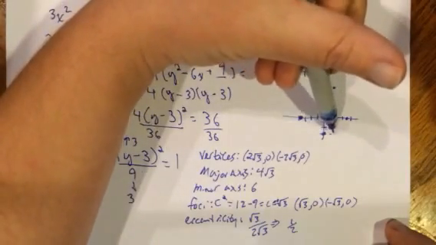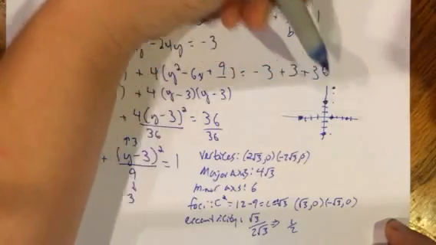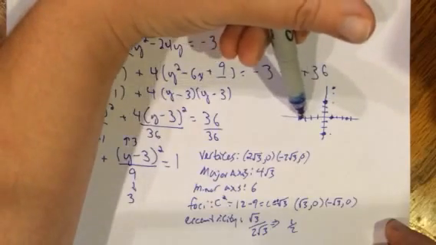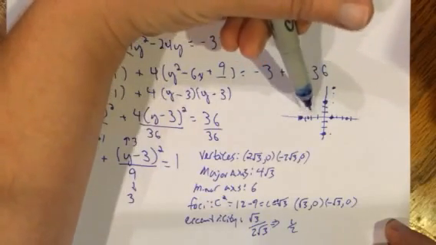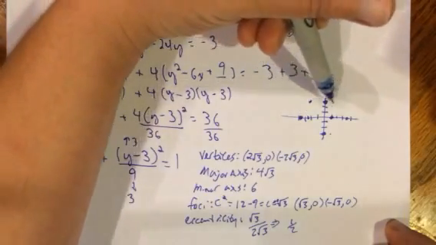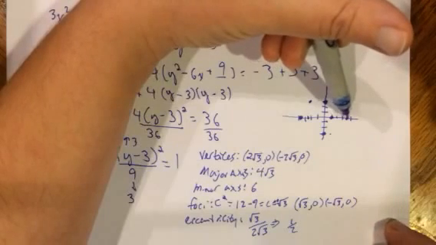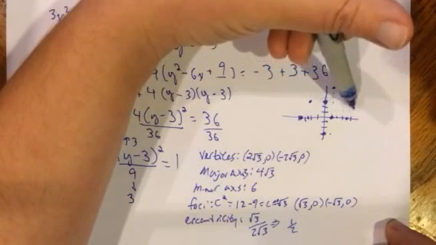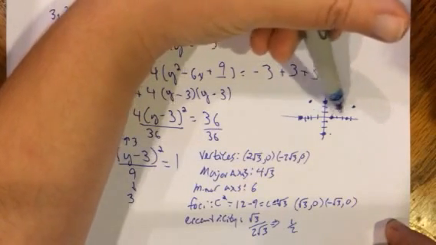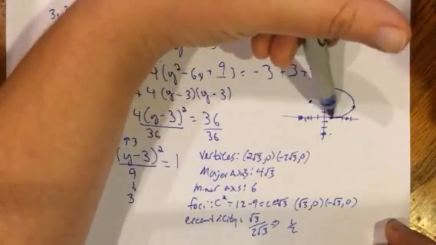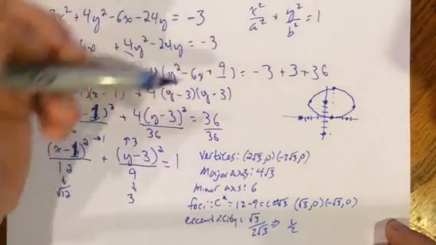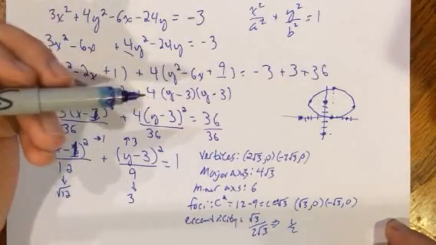This would go right 1, up 1, 2, 3, so it'd be on my axis. This would go right 1, so somewhere in between 2 and 3, up 3. Right 1 and up 3. So my shifted ellipse would look like that.